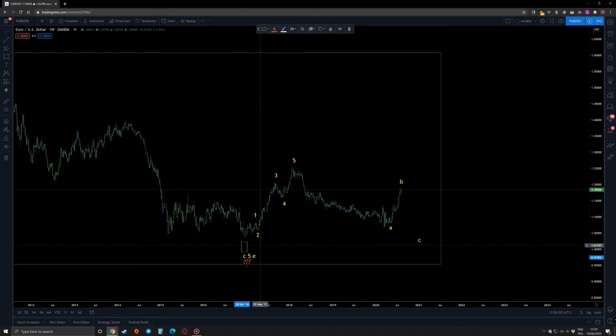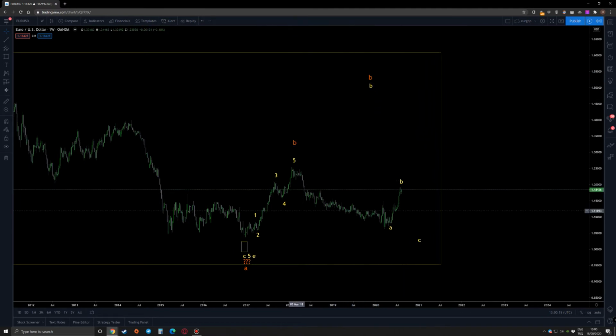Now, how do you know that this is a wave 1? Because look, let's say that this degree is a wave A, it means that you're in a wave B on one lower degree. So this is the bigger degree and this is the smaller degree.